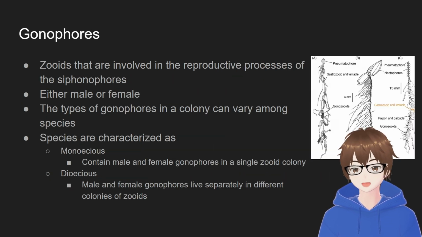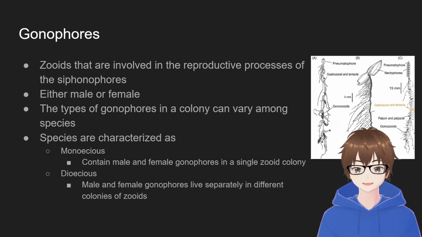Then we have Gonopores, which are zooids that are involved in the reproductive process of the siphonophores. I have a picture here of Gonozoids, which I would assume are exactly the same thing as Gonopores. And they're either male or female, and the types of Gonopores in a colony can vary among species.